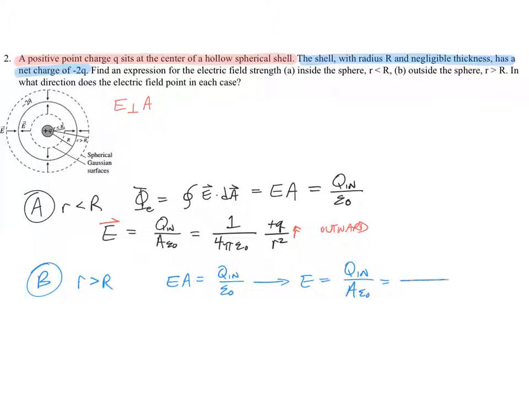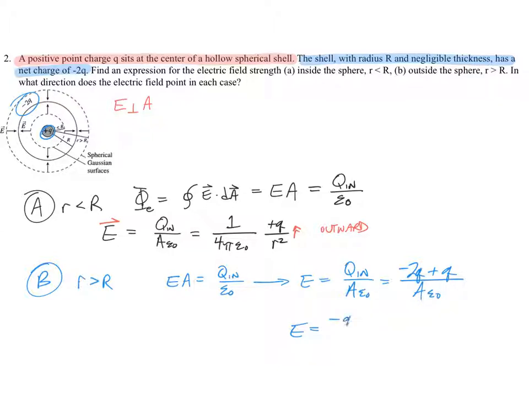But what's the Q on the inside? Okay, so the Q on the inside of this Gaussian surface, and that's the trick to remember, is going to be a minus 2Q. That's what is out here, plus the same Q that we were dealing with a minute ago. So now I can finish that work here.